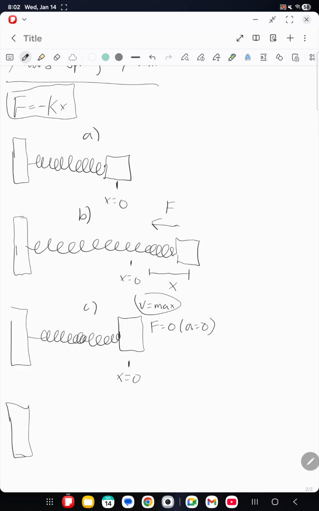And then it will come here, where it is at negative x from equilibrium, and of course it will feel a restoring force in the opposite direction to try to bring it back to equilibrium, because the mass wants to be at equilibrium.